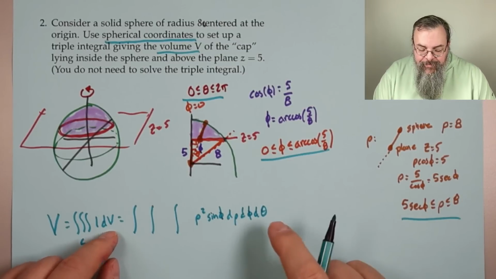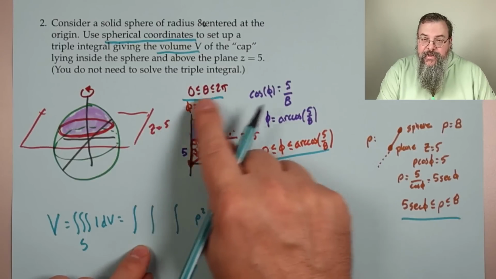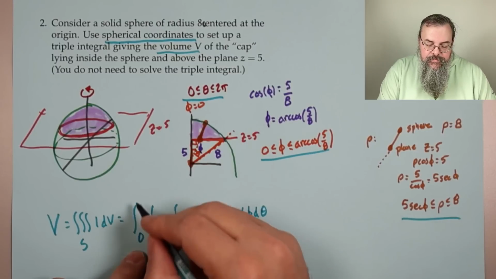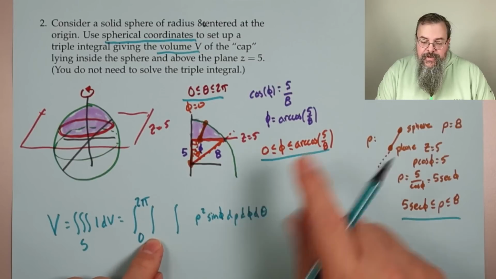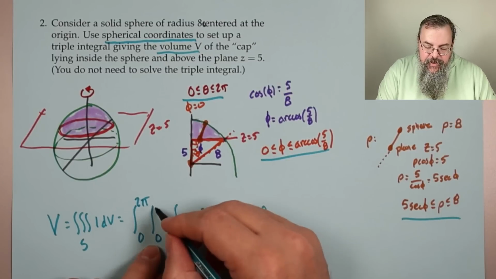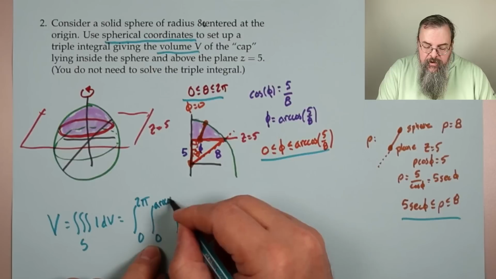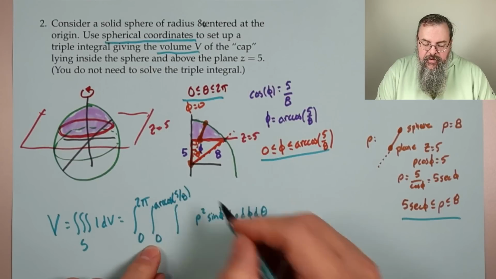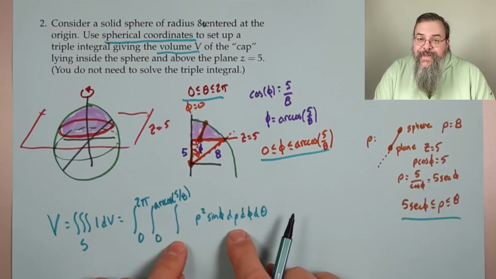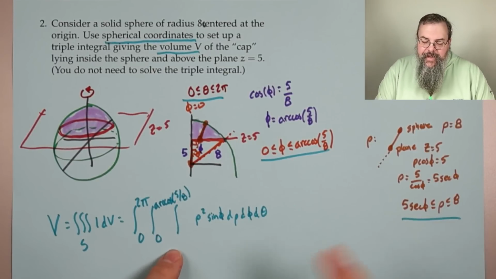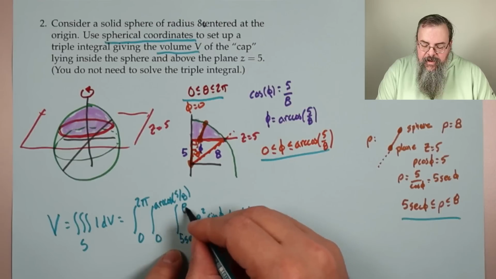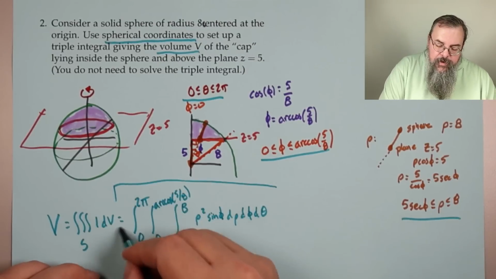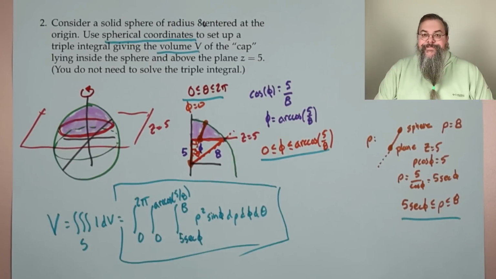Like the song says. Theta, 0 to 2 pi. Phi, 0 to arc cosine of 5/8. I should have given myself more space. Rho, 5 secant phi to 8. And there we go. That's it.